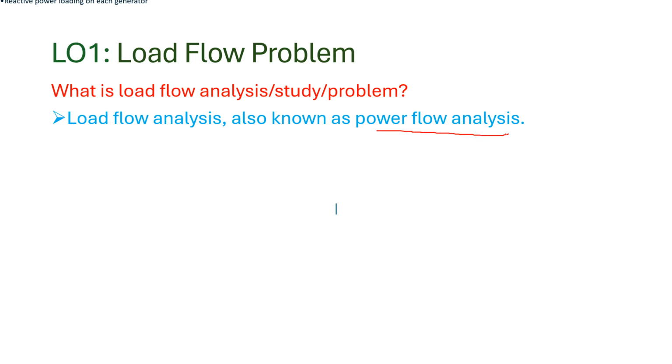From generation to load, we have transmission lines. The generations are at different locations, and they are connected by transmission lines to the loads. How power flows from the different generations to the load is called power flow analysis, or load flow analysis.